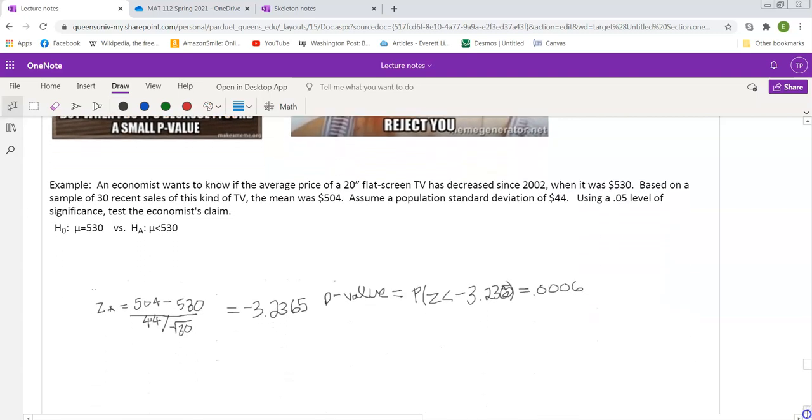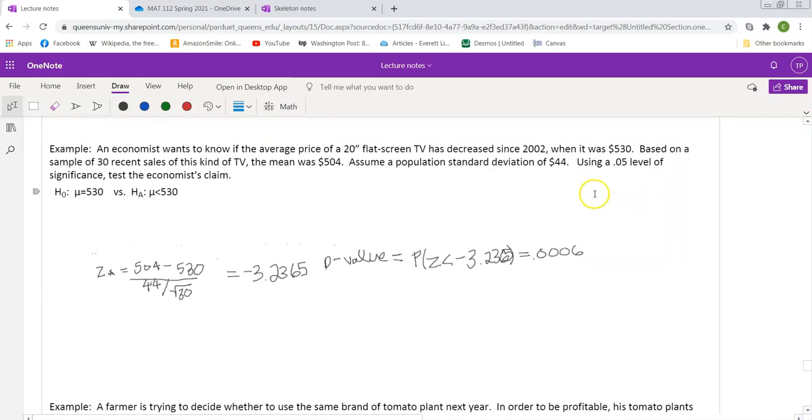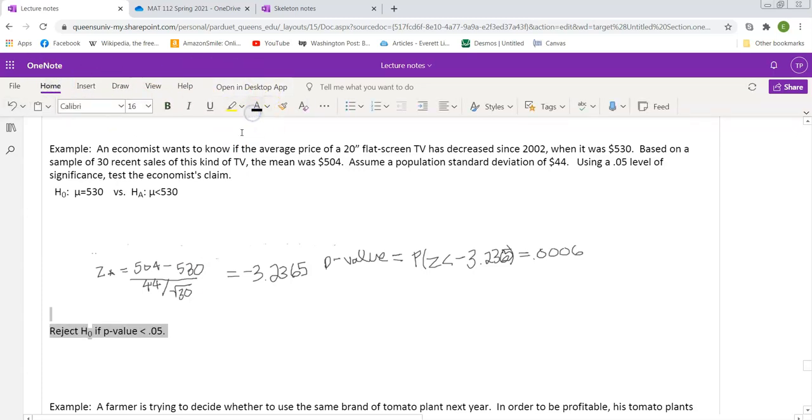So let's go through our examples that we were looking at. And I filled in one more detail, which is I filled in what alpha is. So using a 0.05 level of significance, we're going to test the economist's claim. So all you have to do for this step, and even though it's the same, I'm going to insist you write it every single time. Show me that you know it.